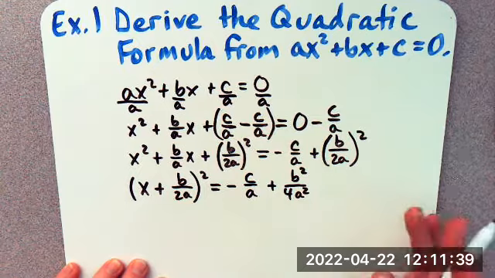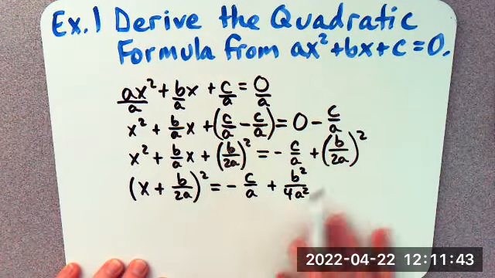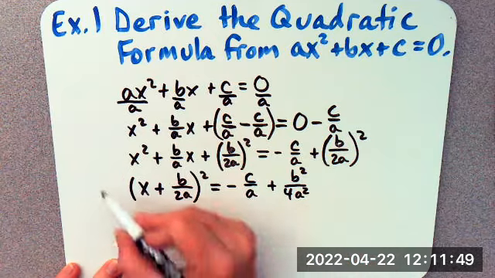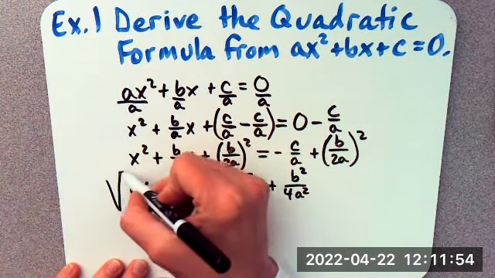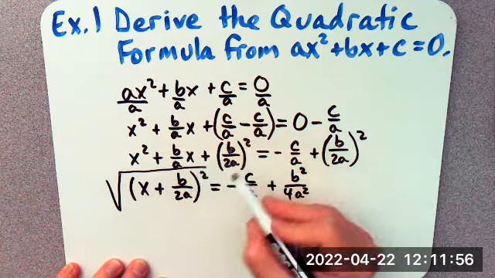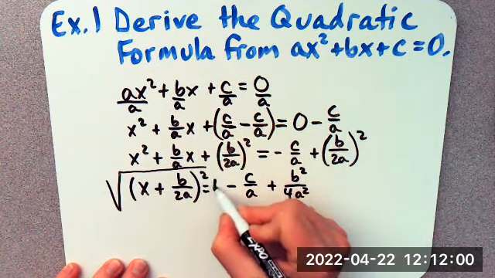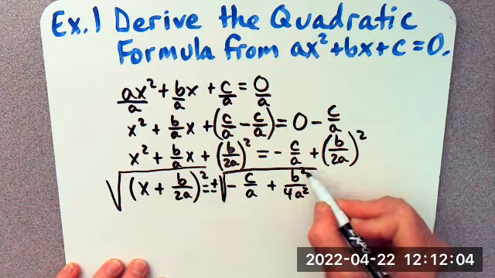So if we have that, we'll work on getting a common denominator in a moment. So now what we're going to do is take the square root of this side. We're going to add a plus or minus right here and take the square root of this side.